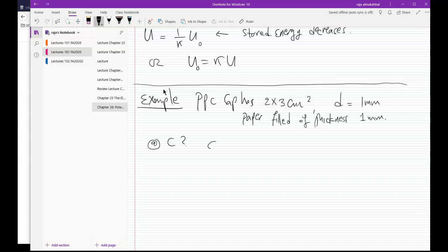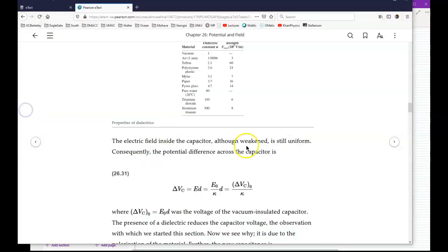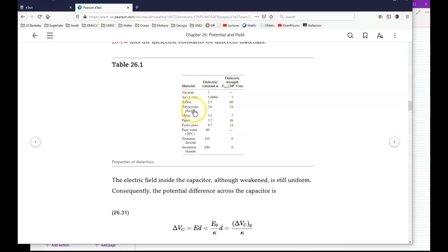Well, we know that the new capacitance, or the capacitance in general, is equal to kappa C naught, and C naught, of course, is epsilon naught A over D. All I need to do is just plug it in. Oh, before that, I need to find what kappa is. It's paper. So I need to go back to the table. Here is the table right here, and I look for paper right there.